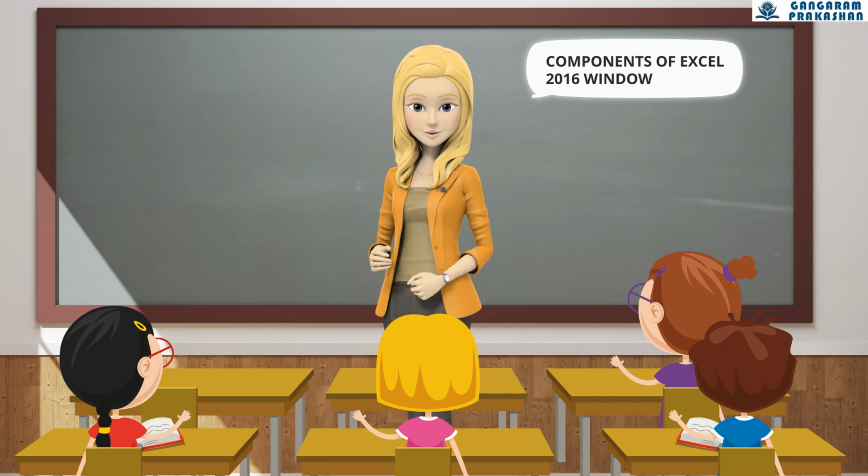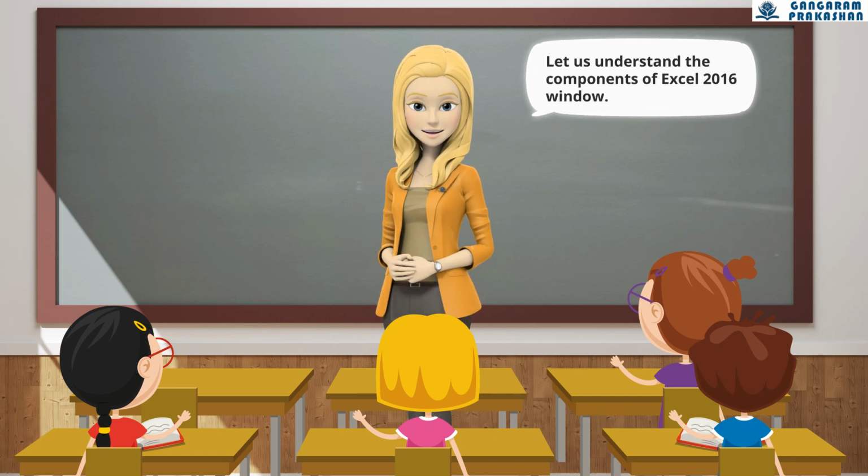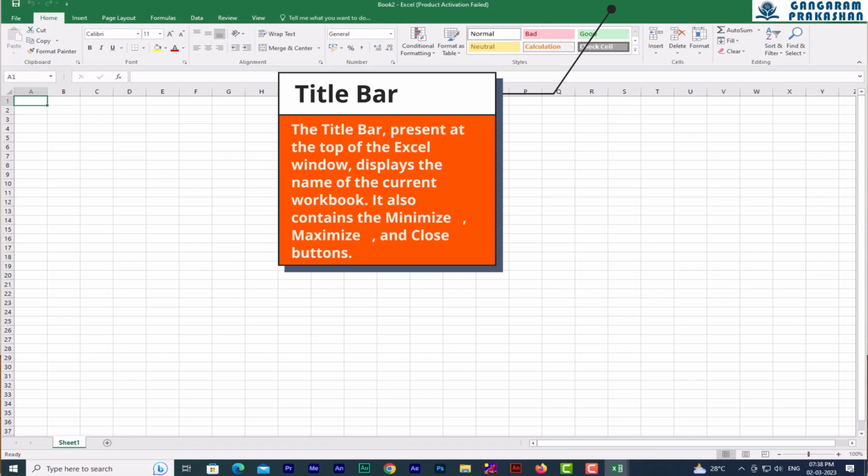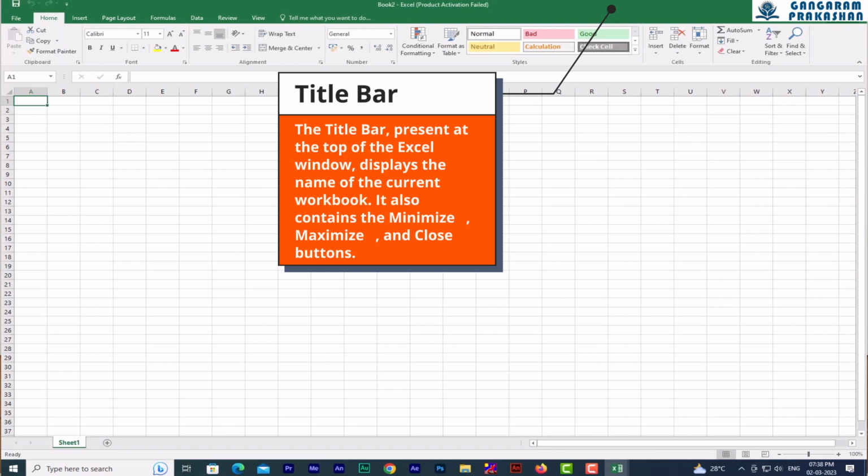Components of the Excel 2016 window. Let us understand the main components of the Excel 2016 window. Title bar. The title bar, present at the top of the Excel window, displays the name of the current workbook. It also contains the minimize, maximize, and close buttons.